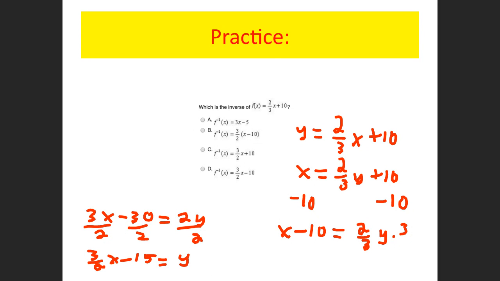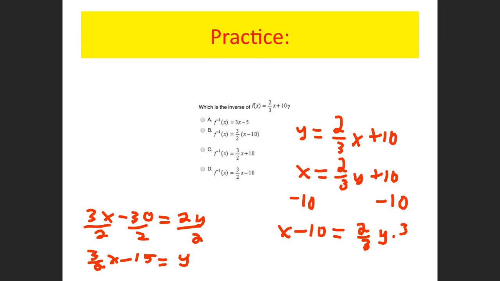Uh-oh. Did I make a mistake here? I don't see a 15. Oh, they pulled the 3/2 out of there. Sneaky little guys. So if I factored out a 3/2 here, oh boy, that does not work. Okay, so I'm not going to do it this way.